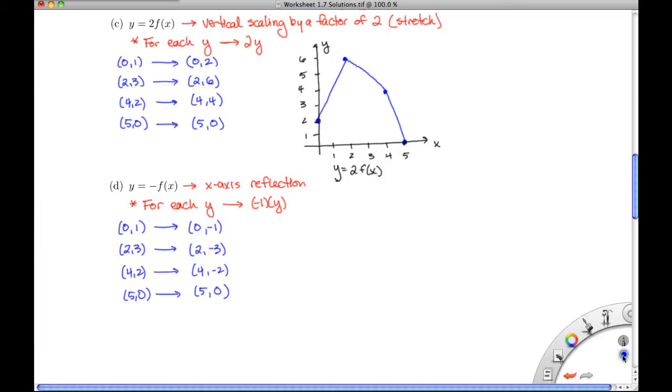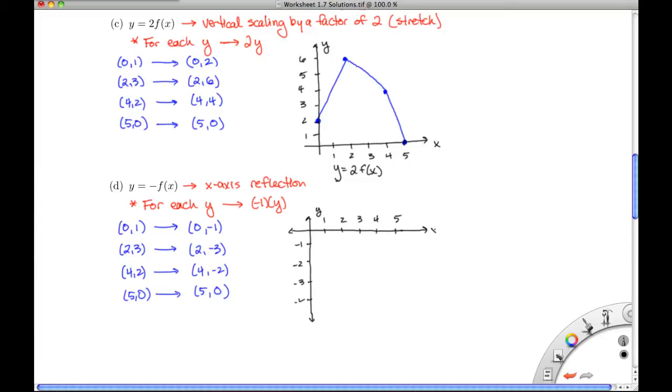And when we put our sketch together, our range has dropped to the negative side of the y-axis, so we can kind of change that a little bit. So here's our y and here's our x, and we've got 1, 2, 3, 4, and 5, and then we're going to go down to minus 1, minus 2, minus 3.